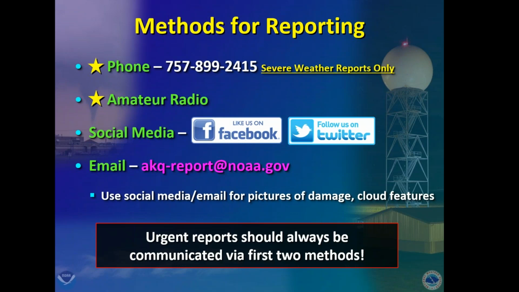Amateur radio is also available, wx4akq.org. We're going to have a slide about that in a moment, but that's the amateur radio slide, for amateur radio folks. Social media, please like us on Facebook or Twitter if you haven't already done so. We provide information on both of those mediums, and we can get information out that way, and you can talk to us that way.